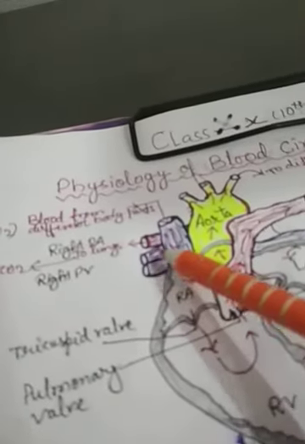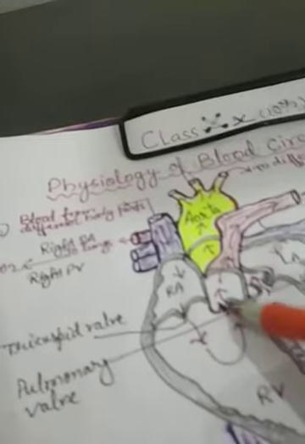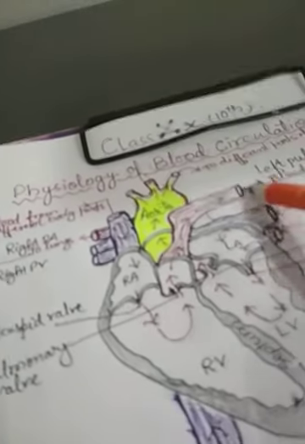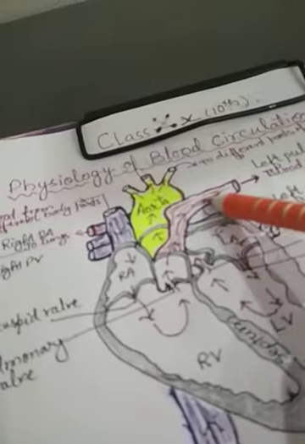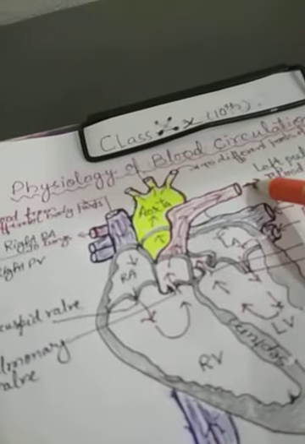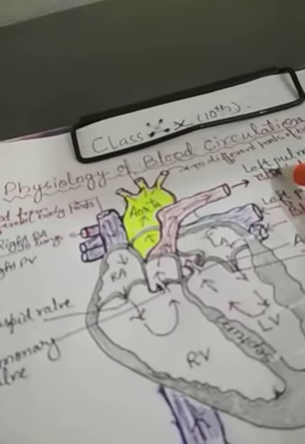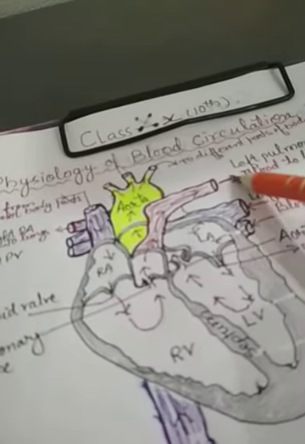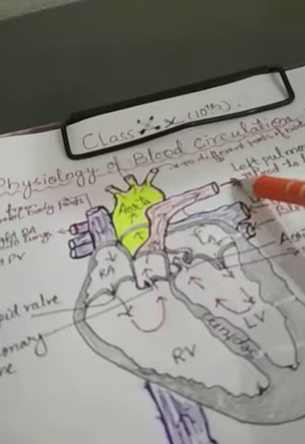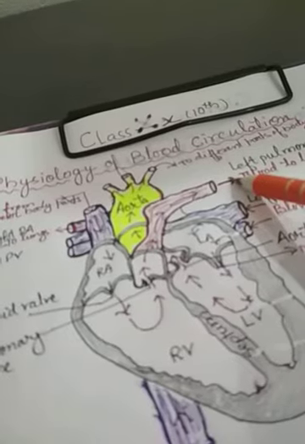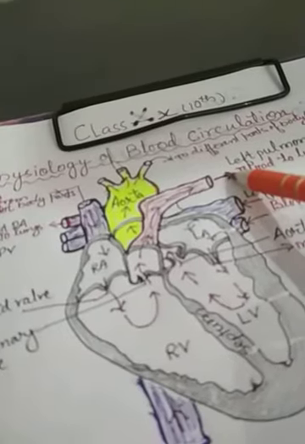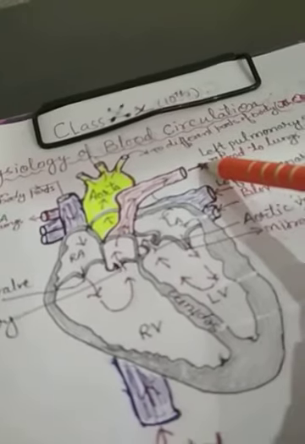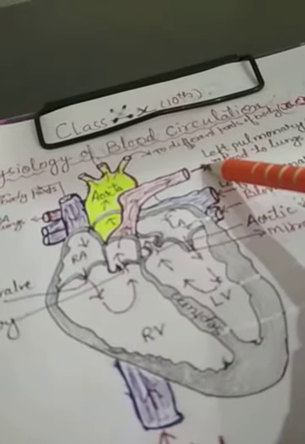Please note that this blood carrying carbon dioxide flows through the right and left pulmonary arteries. And where is this blood going? This blood is going to the right and left lungs. For what? For the oxygenation of the blood, for the gaseous exchange, so that the blood can be oxygenated. Is it clear at this point?